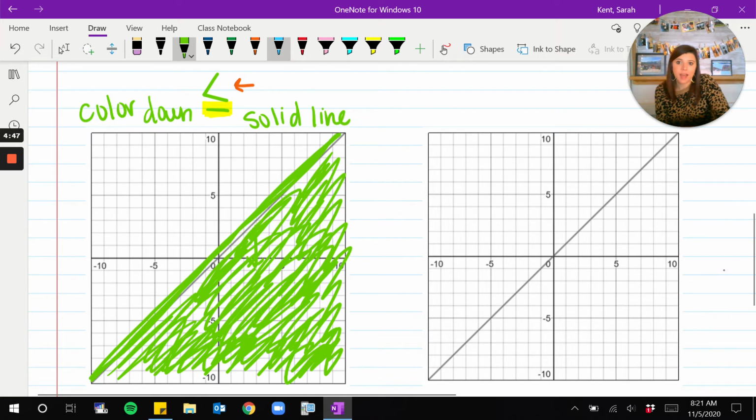And then our last graph that we're going to look at is greater than or equal to. So again, our arrow points up. So here we want to go up from the line.